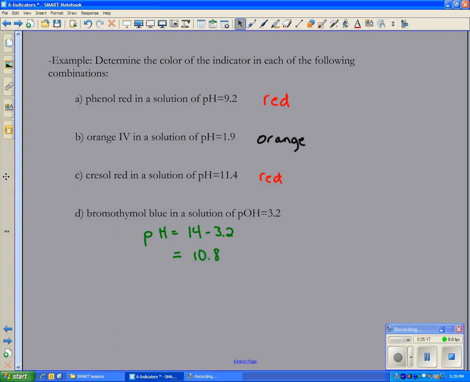For the pH of 10.8, now we want to look at bromothymol blue and see where that falls. So bromothymol blue changes between 6.0 and 7.6 from yellow to blue. pH of 10.8 is well above that upper limit. So this solution would look blue if we add in bromothymol blue.